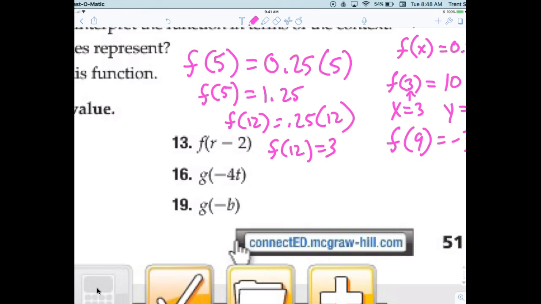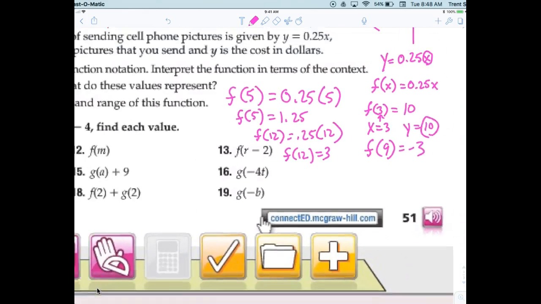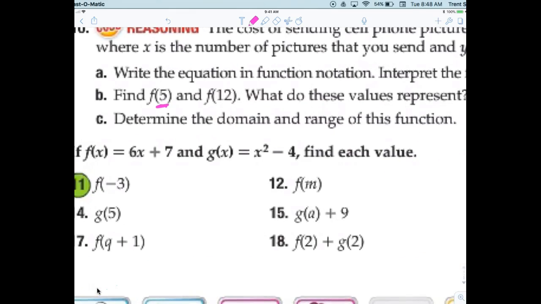Any issues with that? All right, you're just plugging in the number. That's all you're doing. So when somebody says f of 5, that means you plug 5 into the equation. When somebody says f of 12, you plug what? 12 into the equation, right?